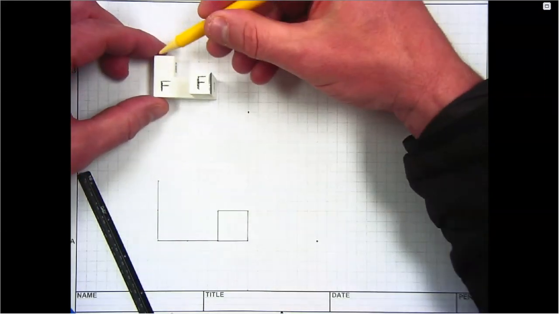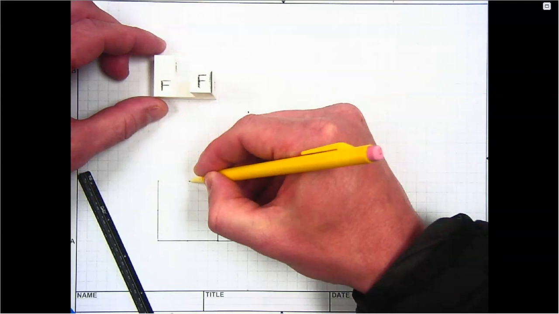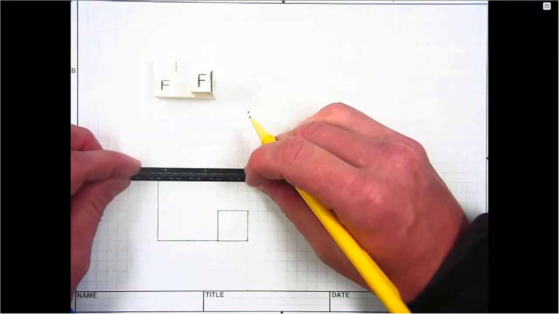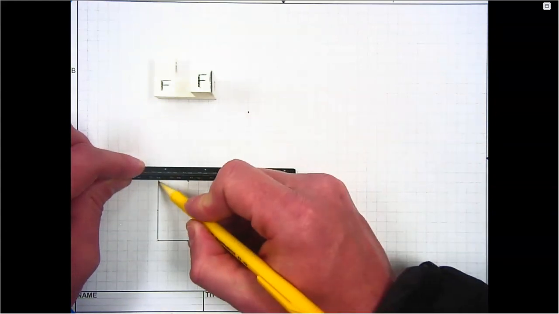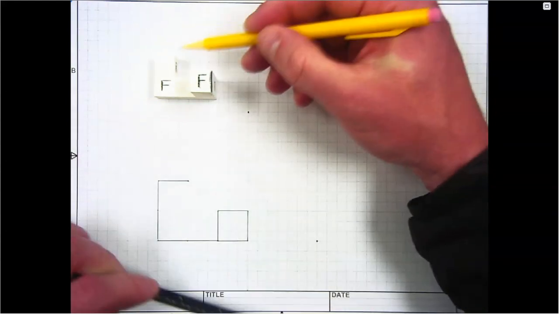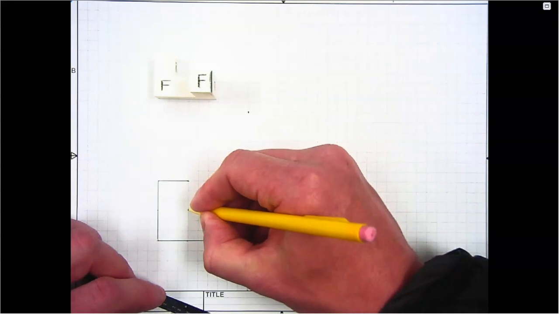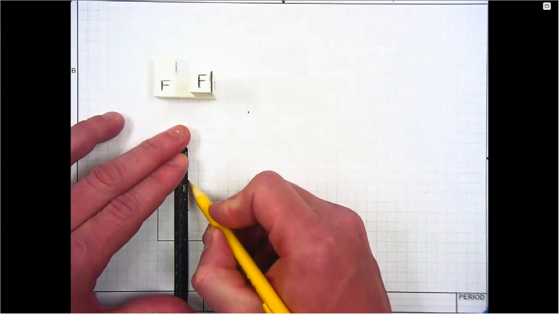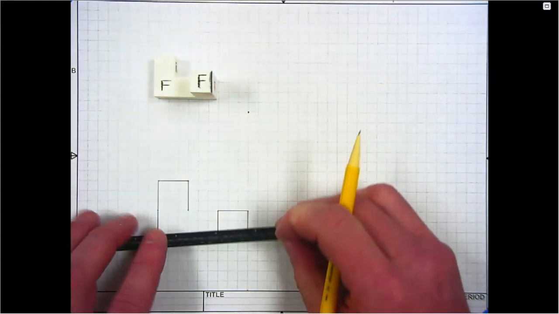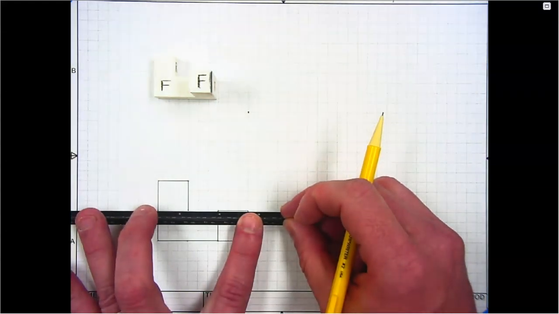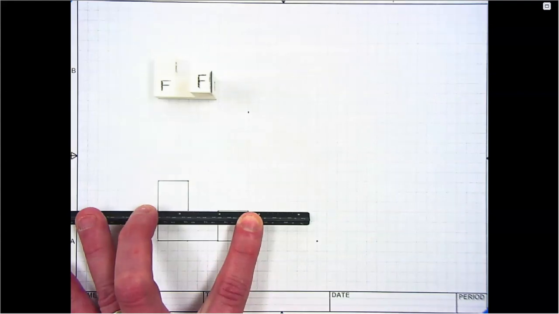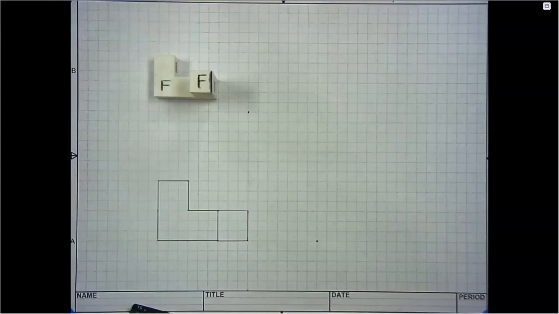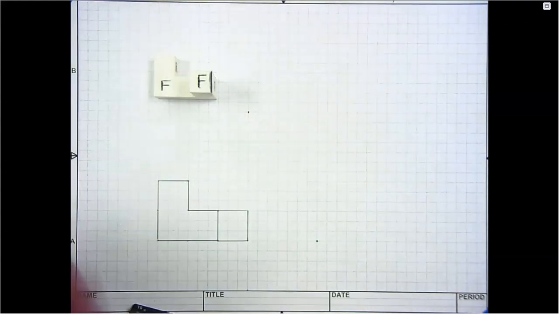And then we'll go over 3 spaces in the width dimension. And then down 1 cube in the height dimension. We'll connect this back. And we have the front view of our part defined.